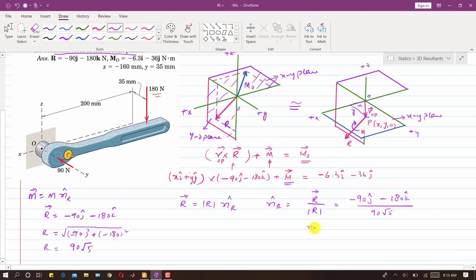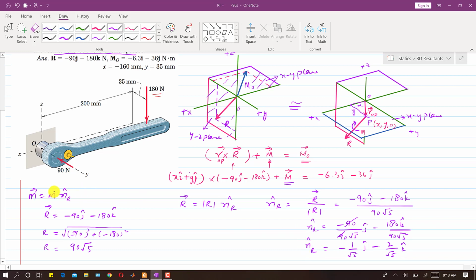So this unit vector of R will be equal to minus 90 divided by 90 root 5 j minus, so this will be cancelled out. So it will be minus 1 by root 5 j, and this will be 2. So this is that unit vector of R, right?